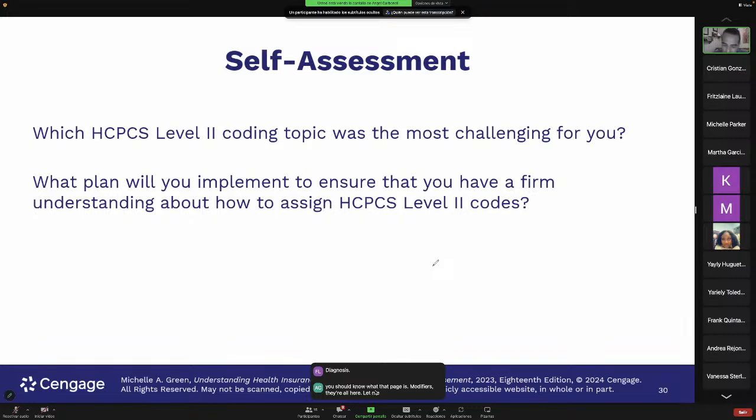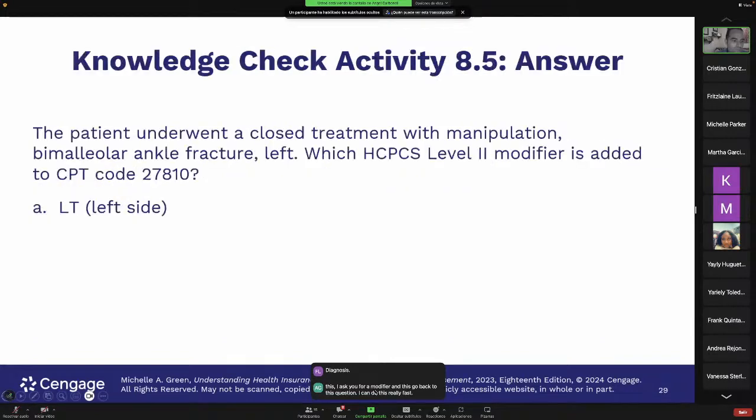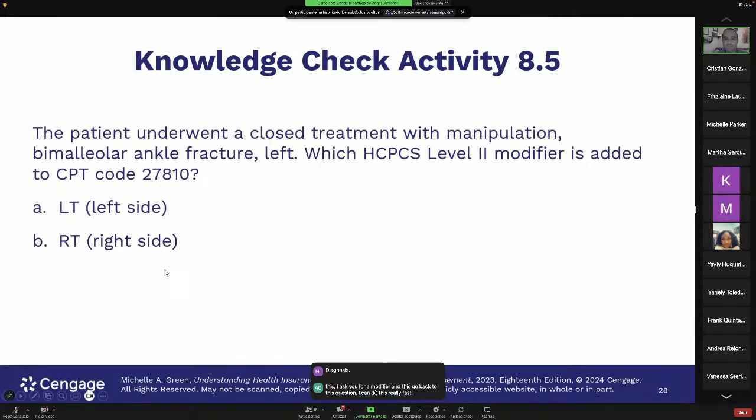Let me see. And then imagine this. I ask you for a modifier, and let's go back to this question. I can do this really fast. We have this question, and it says modifier level 2 for left. I open the book and I go without actually looking for a specific part of the book.